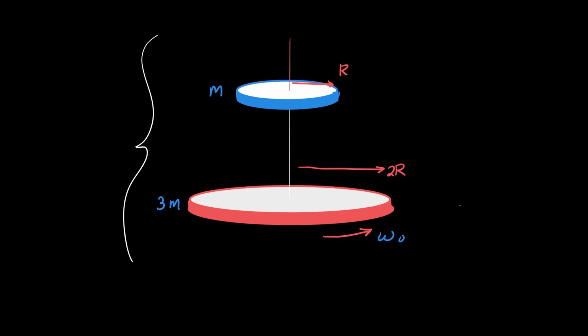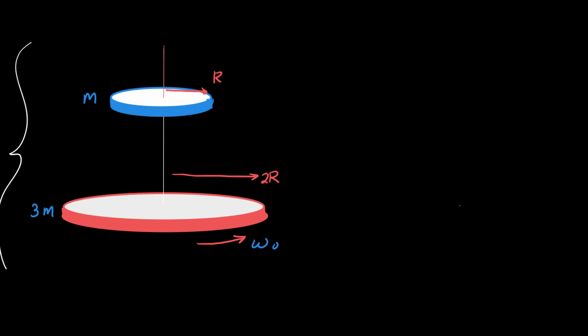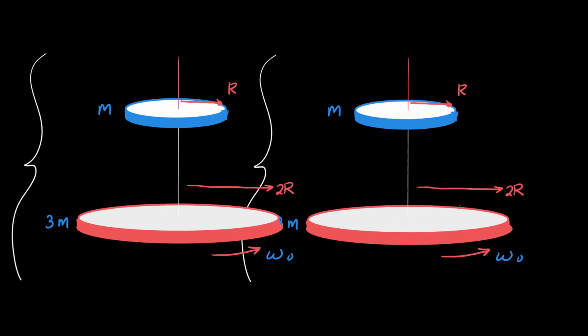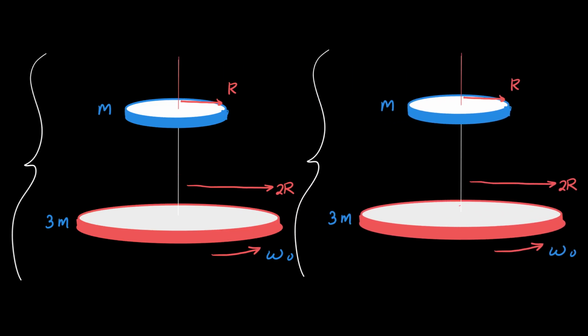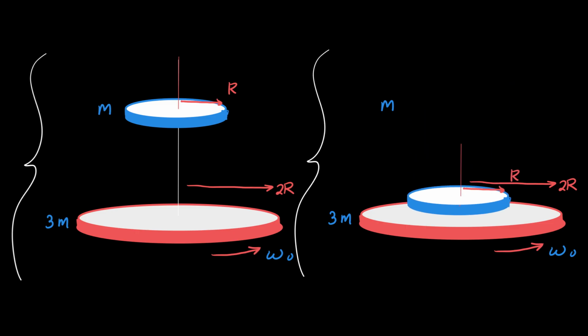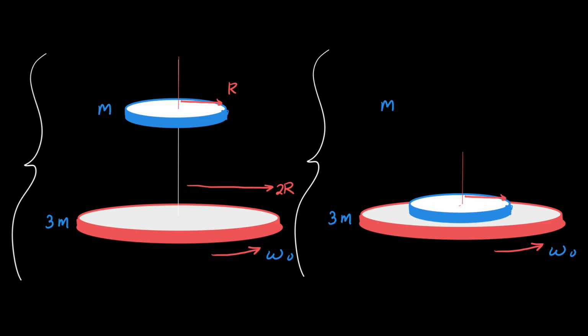This is a conservation of angular momentum question. This is the only thing with momentum before. But then, when the top plate drops to the bottom plate, they're both going to come to some final speed. It will be slower.